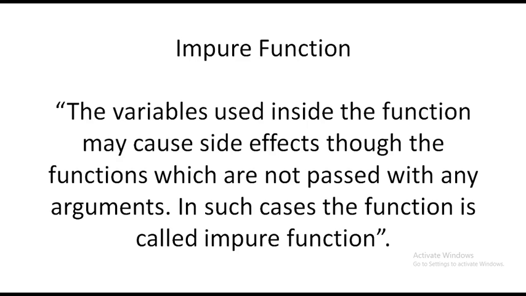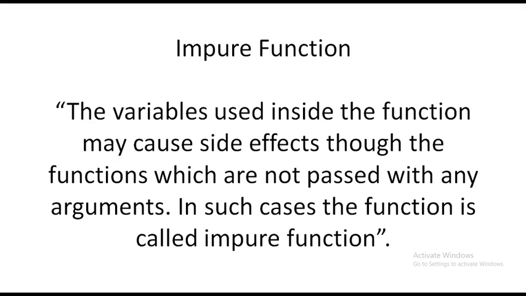Next one is impure function. What is an impure function? The variables used inside the function may cause side effects, though the function is not passed any arguments. In such cases, the function is called an impure function.